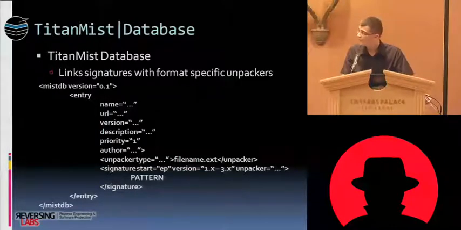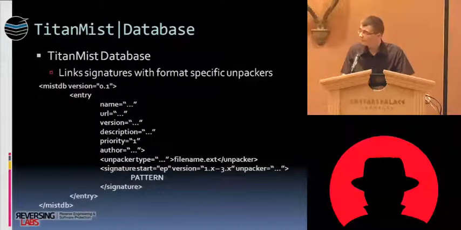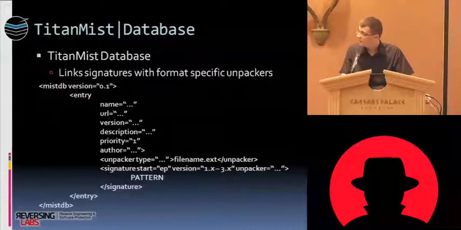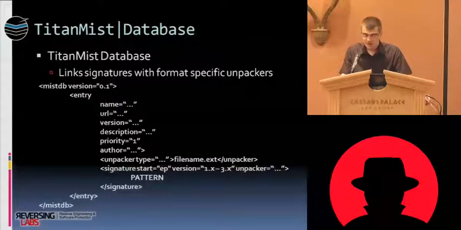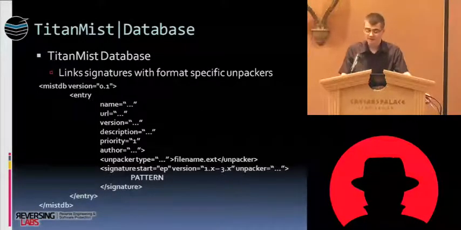So you can have multiple signatures for a single format. So one entry would be, let's say, UPX, and you can have multiple signatures for the UPX file format. And correlated to that, you have unpackers, which you can have multiple types of, and we're going to talk about that a bit later. And once you have the match, the available unpackers can be called, so the process of unpacking is automatic.